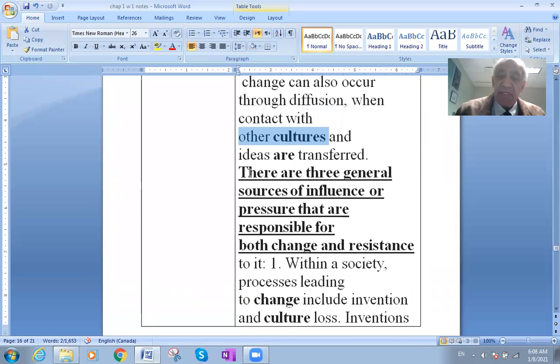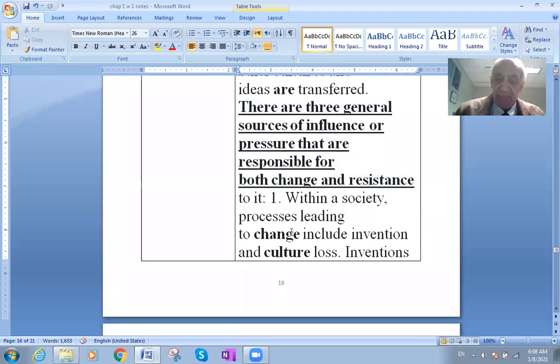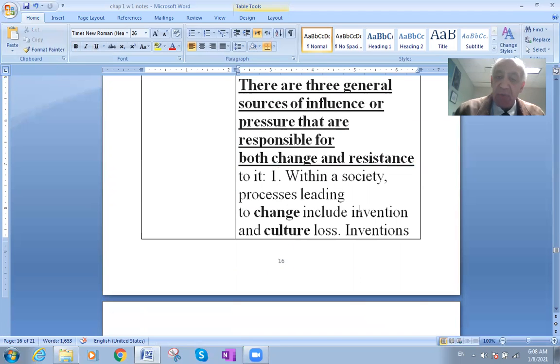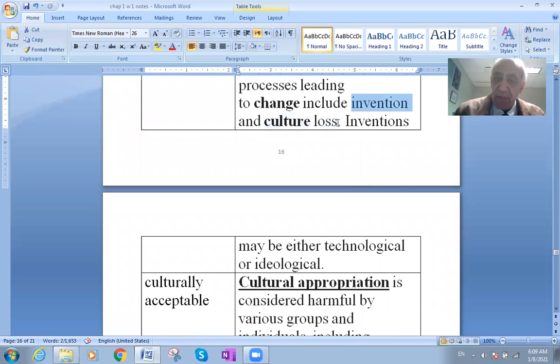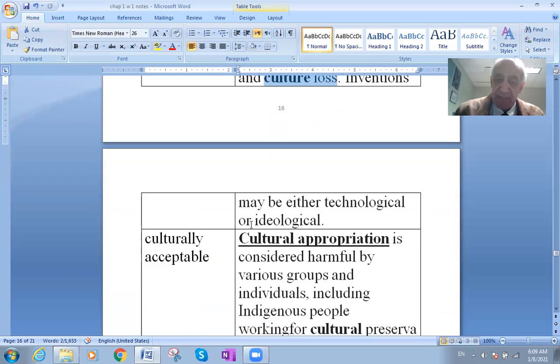There are three general sources of influence or pressure that are responsible for change and resistance to it within a society. Within a society, processes leading to change include invention, like we said before, and culture loss.